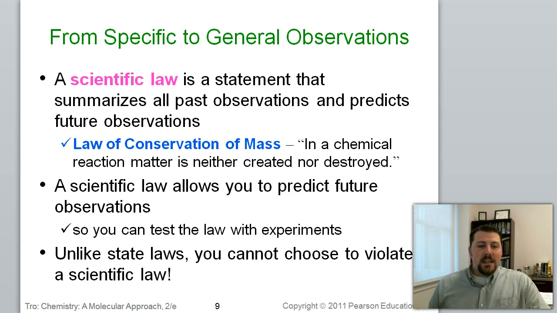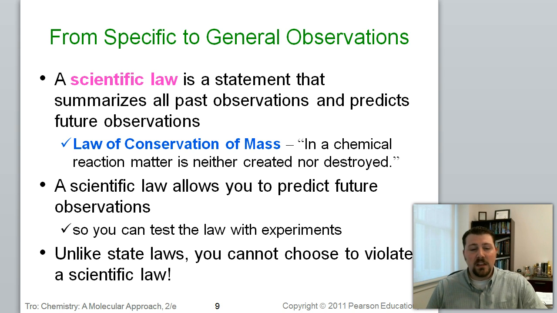So if your ideas hold, you can eventually form a scientific law. And this is a statement that summarizes all past observations and predicts future observations. So a law is considered a very good statement that summarizes many, many observations and is very helpful to predict future ones.